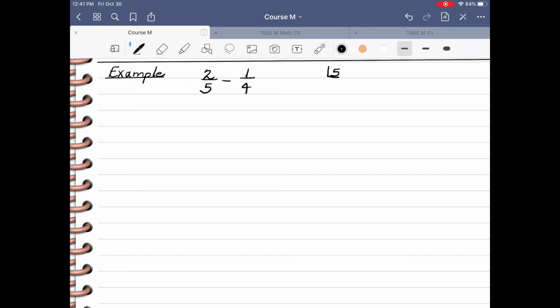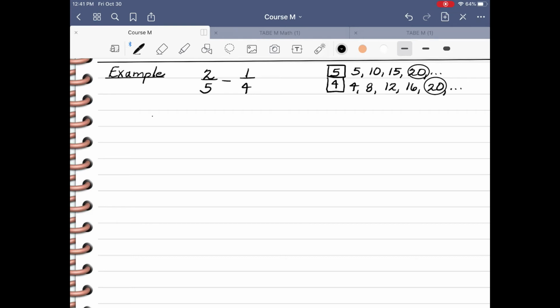We have 5 and 4 to work with. 5, 10, 15, 20 looks good to me. 4, 8, 12, 16, 20. So 20 is the lowest common denominator. There are others, but that's the lowest one I can find.